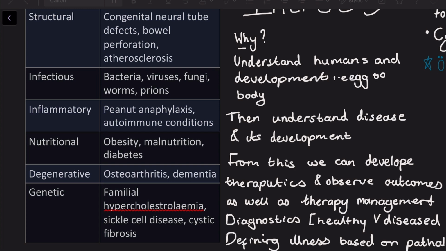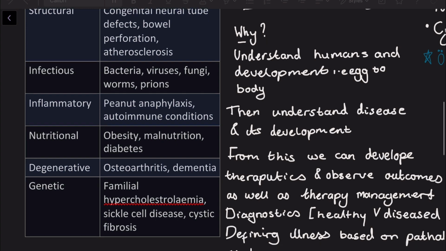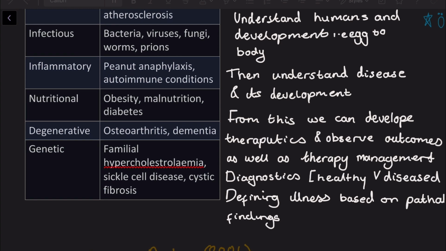There's nutritional diseases, so things that come from being overweight or underweight. There's degenerative diseases which tend to occur with age, so things like osteoarthritis and dementia. And then there's genetic causes of disease which are inherited through families, so things like sickle cell with the red blood cells and cystic fibrosis.